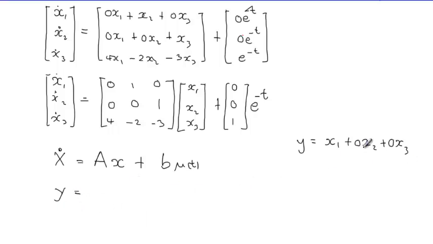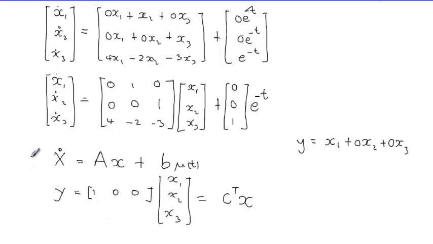So now doing that, you can see we're left with a vector which is 1, 0, 0 multiplied by x1, x2, and x3, whereby this is our C transpose multiplied by x.